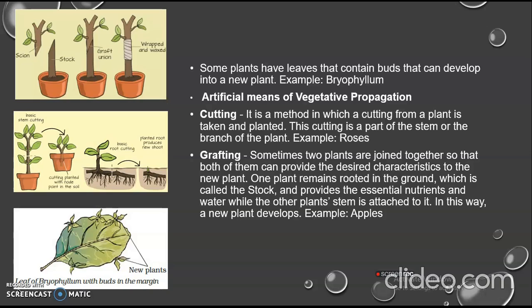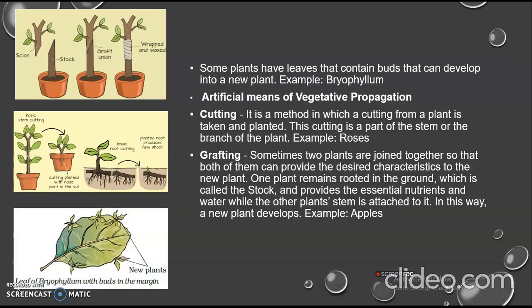The plant which remains rooted in the ground provides the essential nutrients and water, while the other plant's stem is attached to it. In this way, a new plant develops. I hope you understood what grafting is.